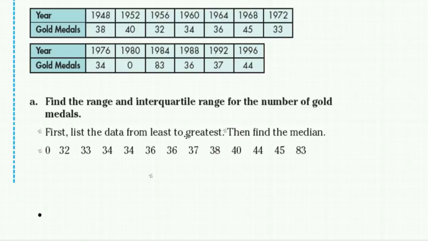The median, if you recall, is the middle of the set of data. So in this case, our median is 36 because 36 is in the middle of our set of data. Now that we know what the median is, we can divide the set of data into the upper half and the lower half.